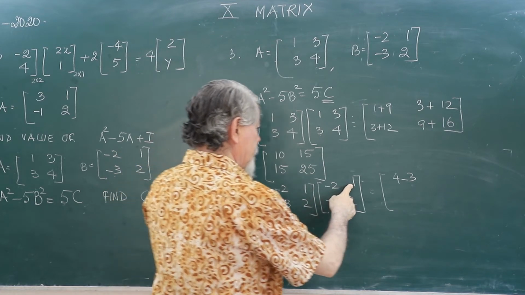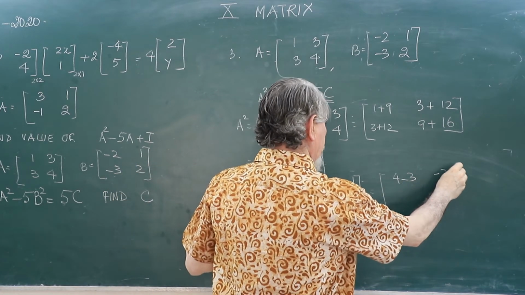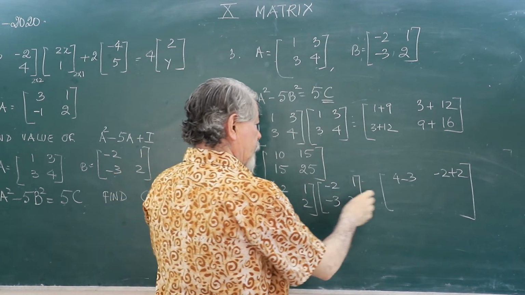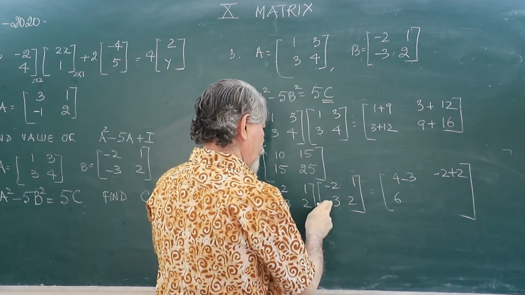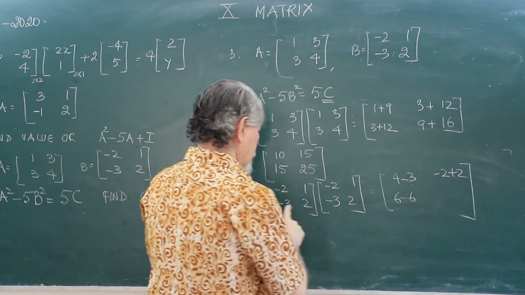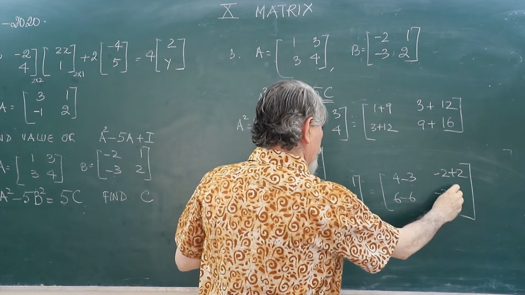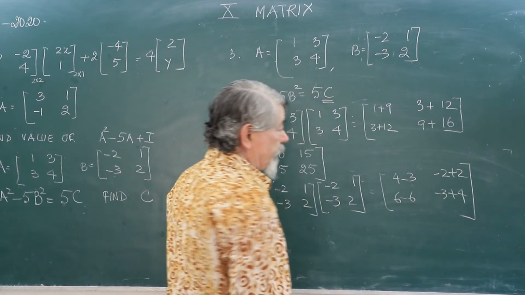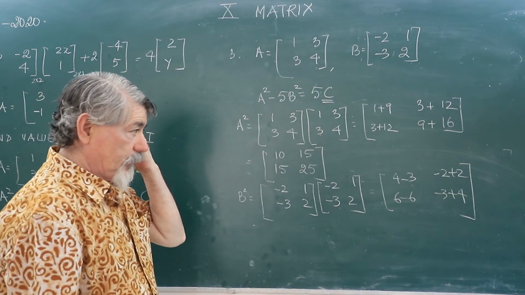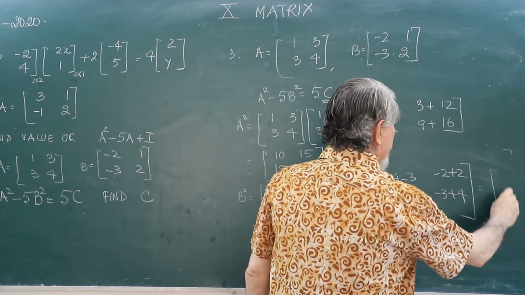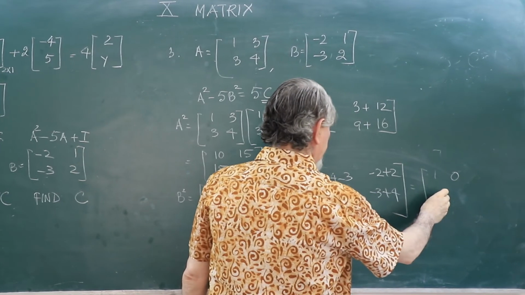Minus 2 into 1 is minus 2 and plus 2. Minus 3 into minus 2 is 6 and 2 3s are 6. Minus 3 into 1 is minus 3 and 2 2s are 4. So we get 1, 0, 0, 1. It comes out to be the unit matrix, identity matrix.